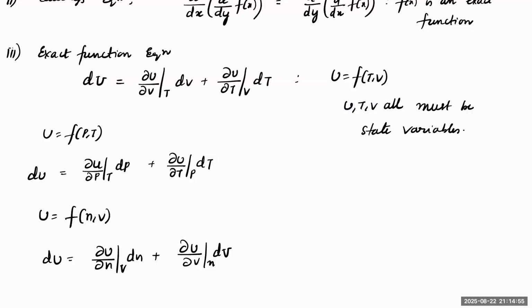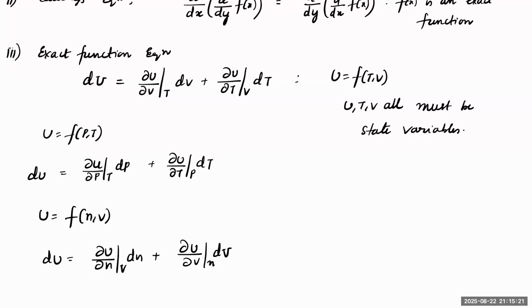Then, according to the exact function equation, any change in internal energy, which is dU, will be equal to the partial differentiation of U with respect to V at constant temperature. In fact, when we use the word partial, it means you are only using one variable to change.